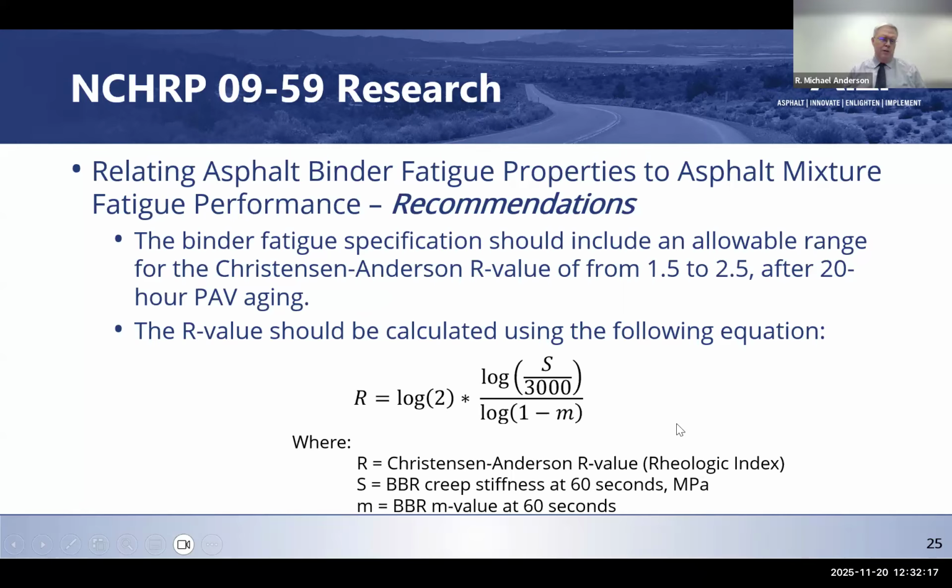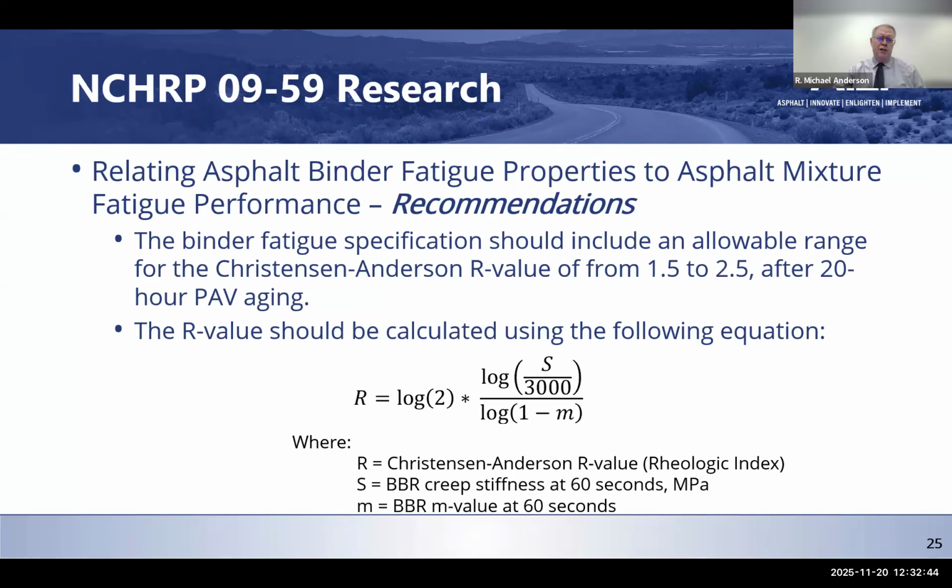So there's a couple different ways you can get R value. This is the equation that they recommended, mainly because you were already collecting BBR data to get this R value. It really didn't require any additional testing. You just took data that you had from the BBR and plugged it into this equation.